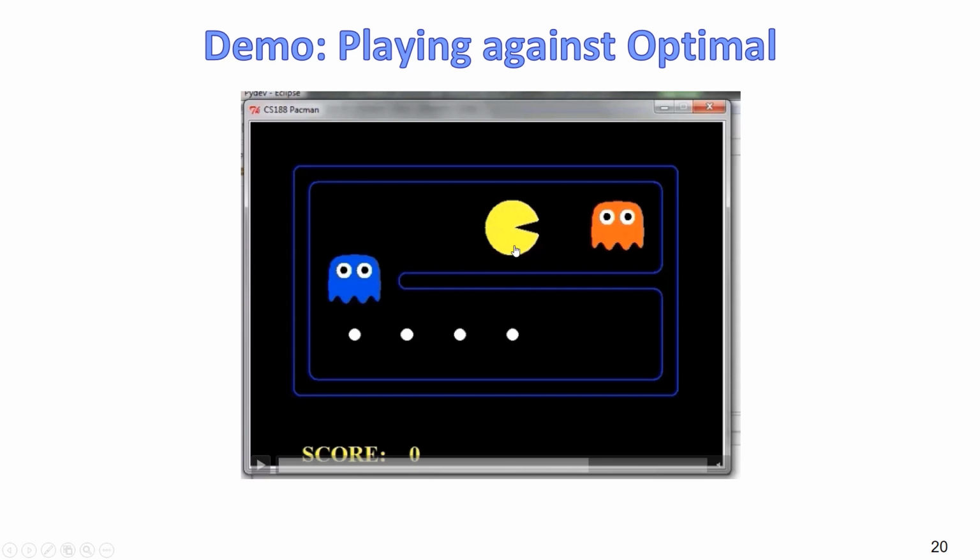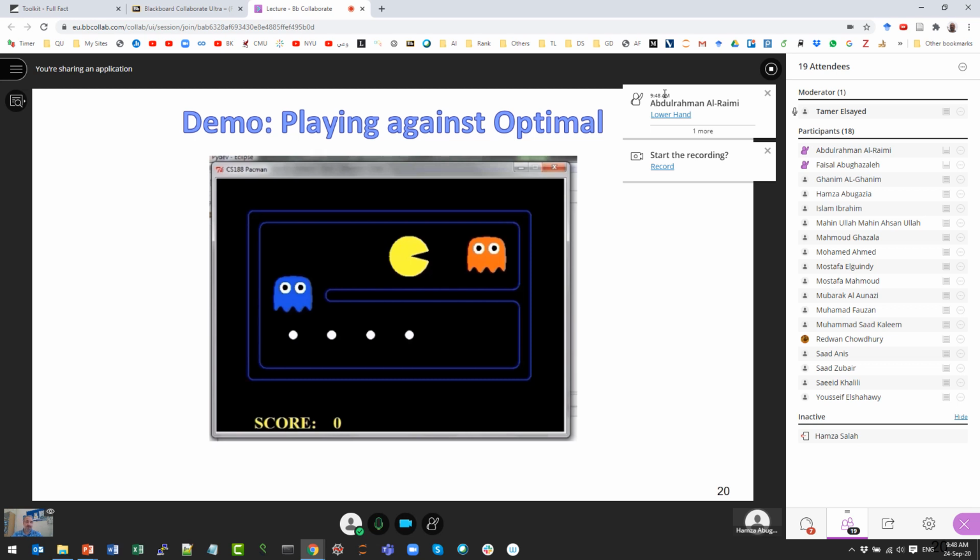If I move, I will lose points, and if I move more, I will lose more points, and if I get the food item, I will get positive points. So what should be the optimal solution here for Pac-Man? If I know that the opponents, the ghosts, are optimal, what should I do now, Abdurrahman?